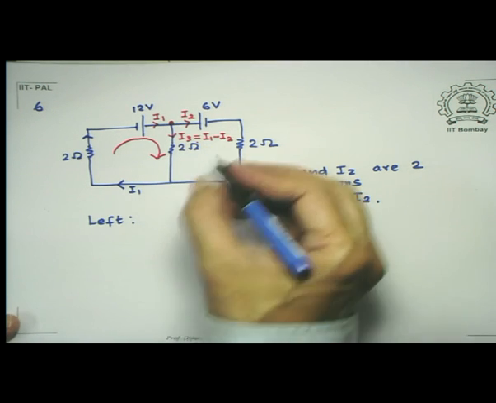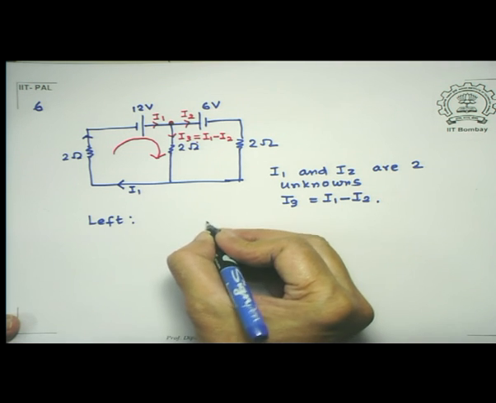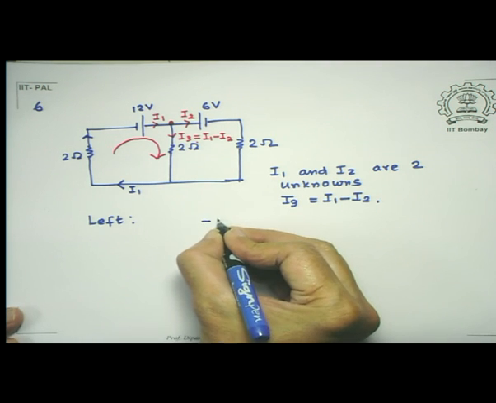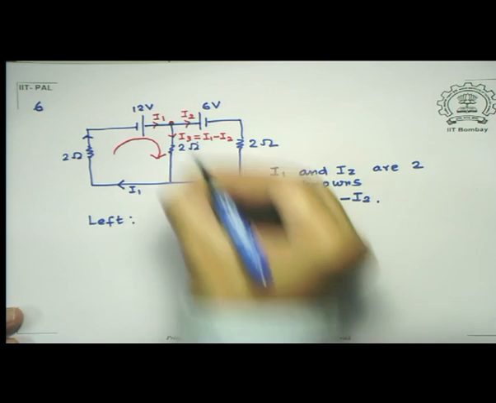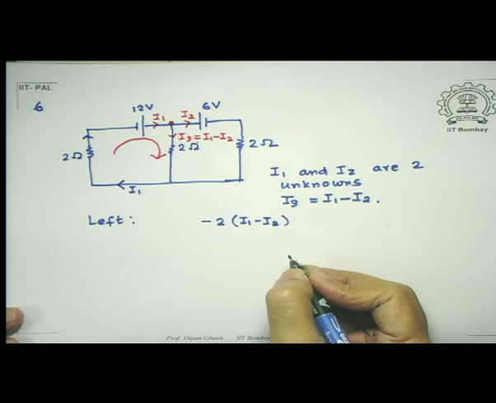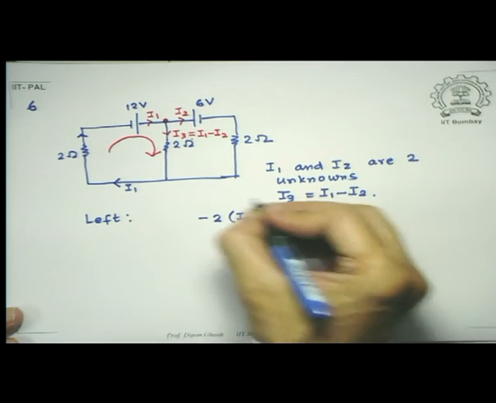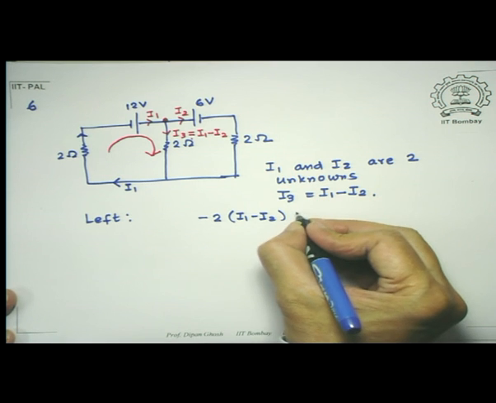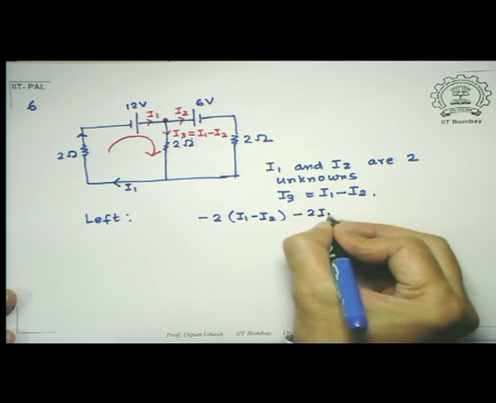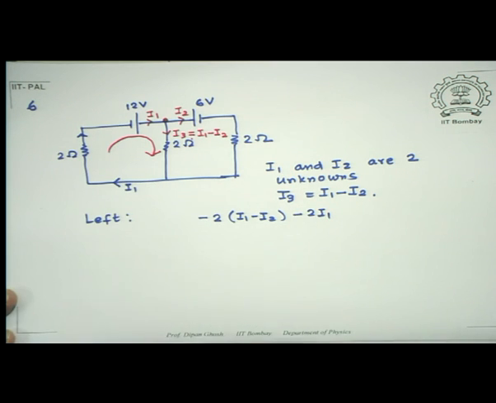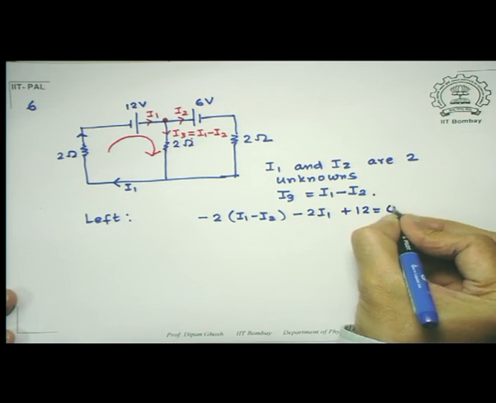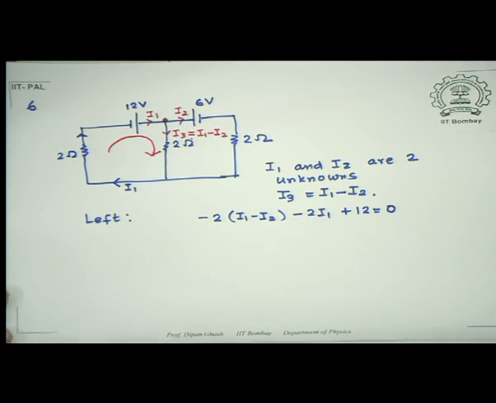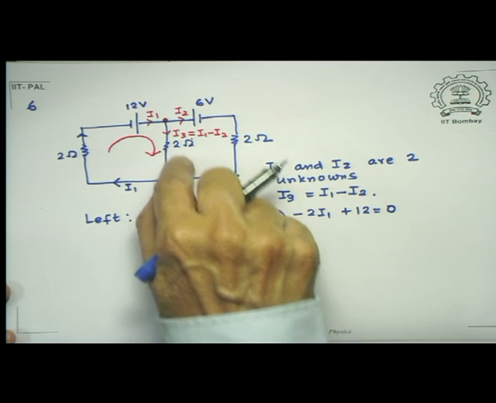So let's do that. I've got minus 2 into I1 minus I2, supposing I started from here. Then I've got minus 2 I1, this is this one, then plus 12, that's equal to 0. That's one equation. The second equation, you do it from this loop.